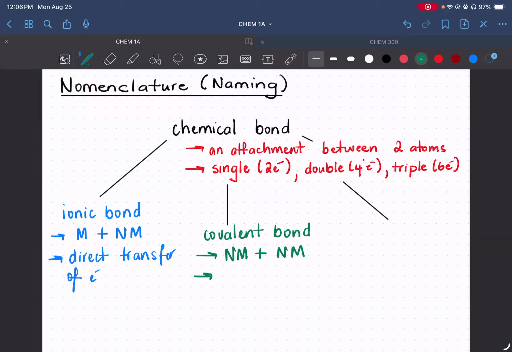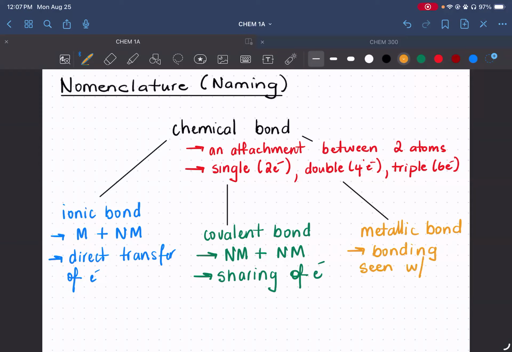And instead of a direct transfer of electrons, a covalent bond involves sharing of electrons. And then finally, we have what is known as a metallic bond, which is the bonding seen within a single metal.